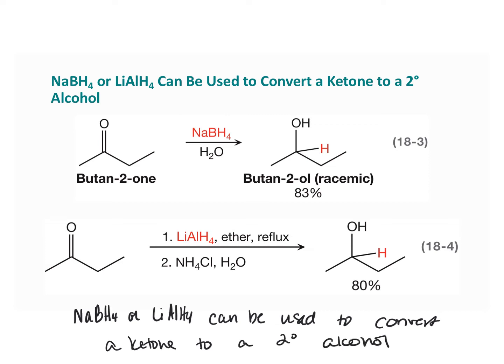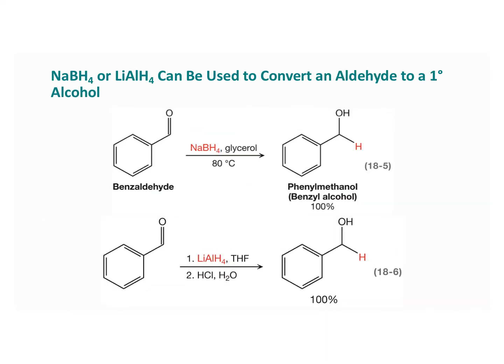Okay, and we can see this in both of these cases here. Now, sodium borohydride or lithium aluminum hydride can also be used to convert an aldehyde to a primary alcohol. You can see 2 examples here where benzaldehyde is converted to phenylmethanol. And so now we're forming a primary alcohol.